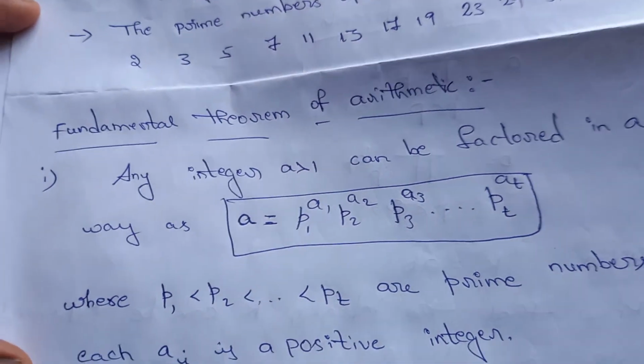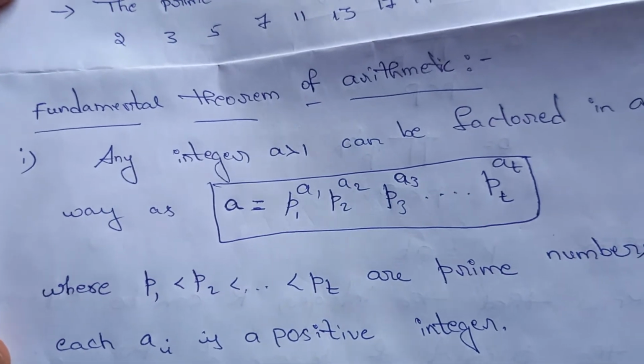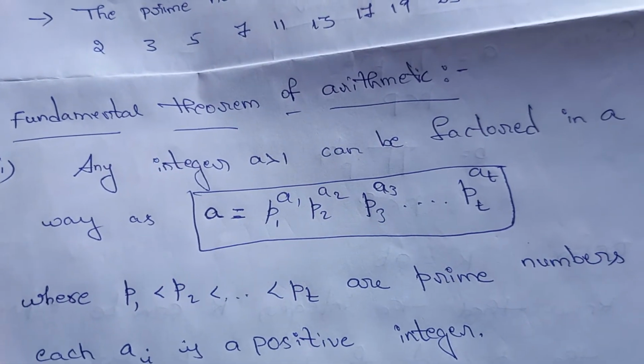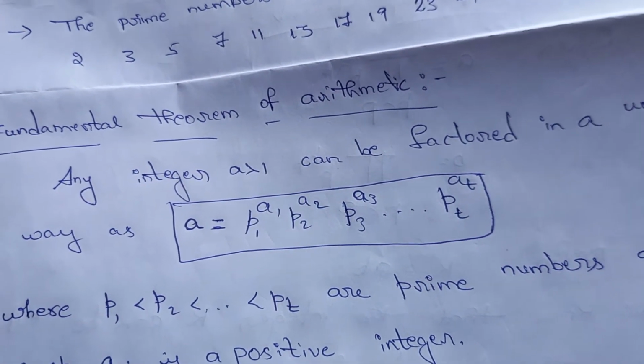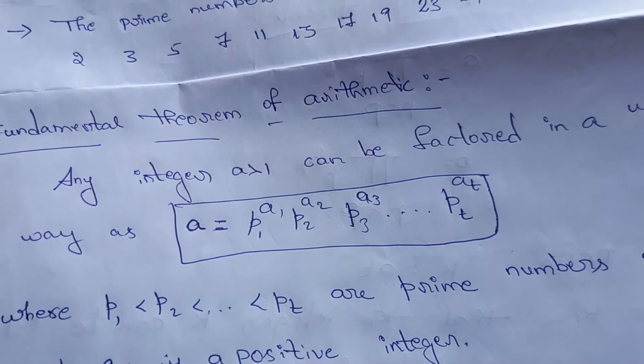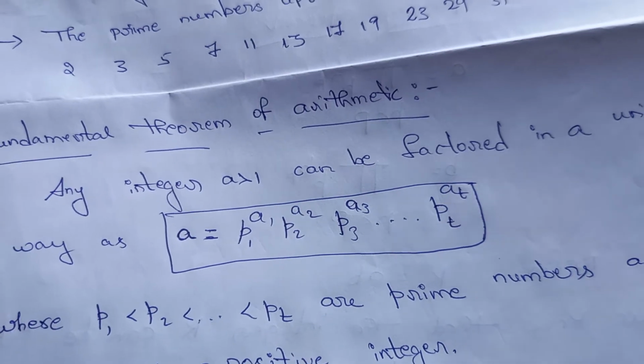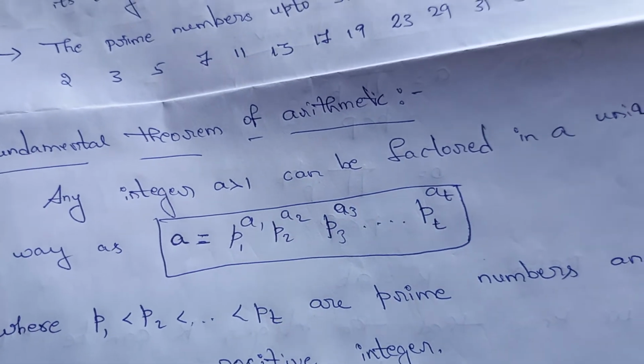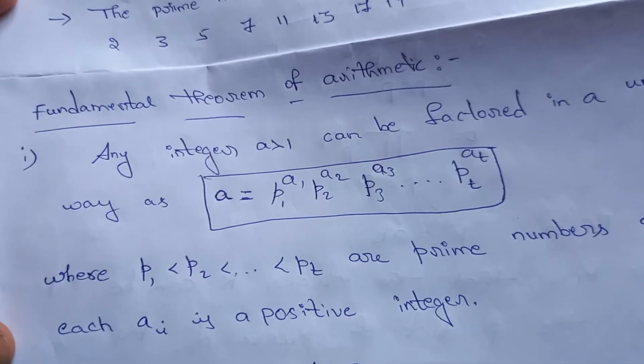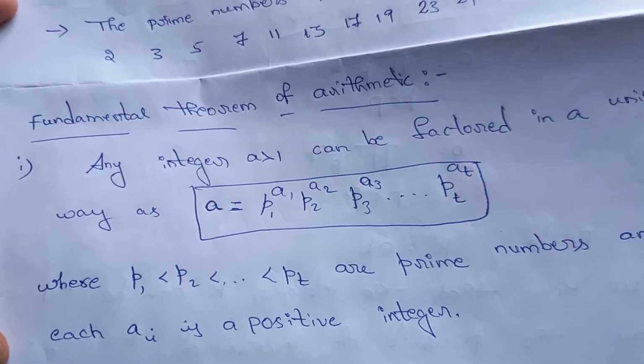Also observe that p1 must be less than p2, p2 less than p3, and so on, less than pt minus 1, less than pt. These are the prime numbers, and a is the positive integer.